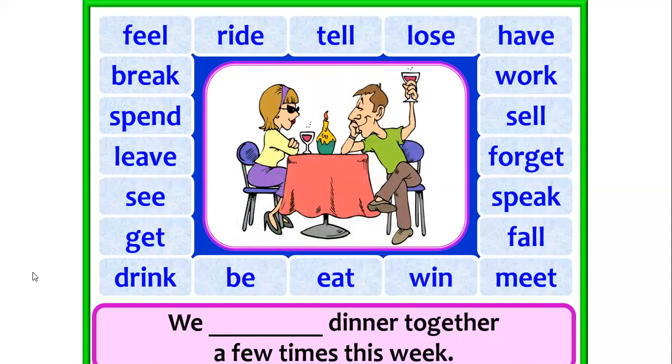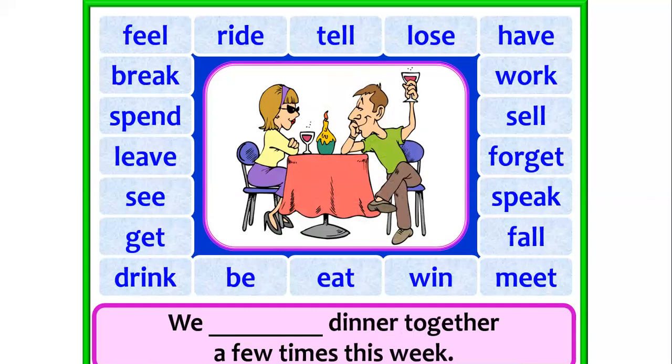We dinner together a few times this week. So during the week, we have repeated the action of we have or has. Very good. We have. We have dinner together. We have had. We have, and then the main verb is going to be have, and the past participle is had.